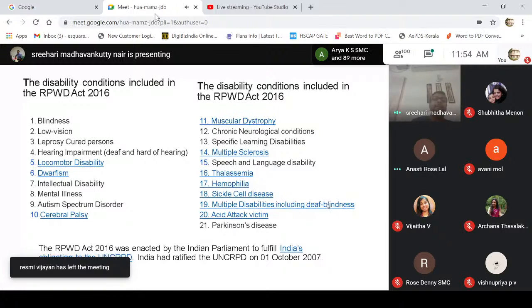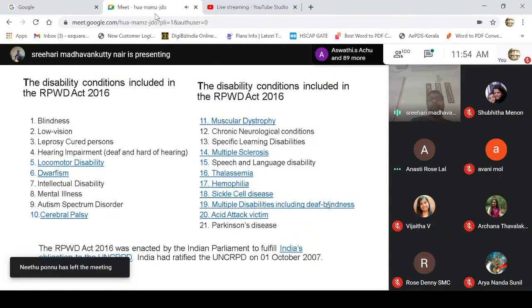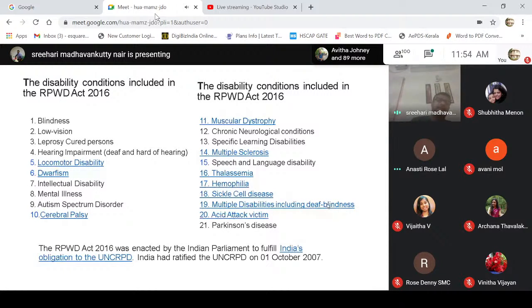Then whenever we say disability, nowadays we go to autism spectrum disorders, number 9, and the most work happening globally is on mental illness and intellectual disability. So these are all very common conditions, other than the acid attack victim, which came as a socially relevant part.